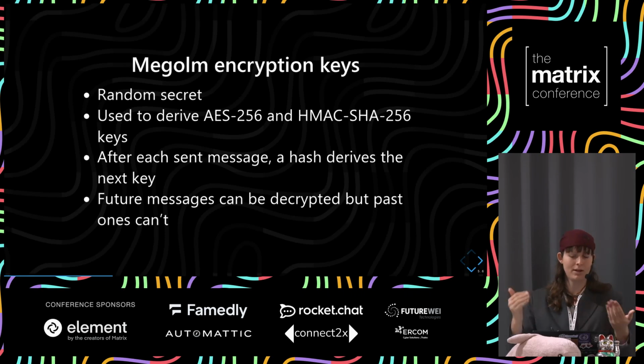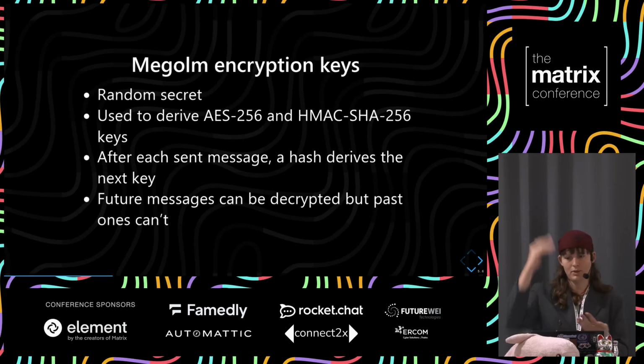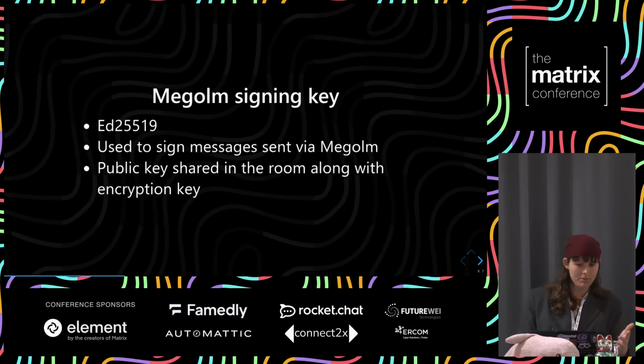That's the basic idea of forward secrecy. So future messages can be decrypted if you know the key at a certain point, but you can't grab past keys. At the end you still have the Megolm signing key, which is used to basically sign messages sent via Megolm.